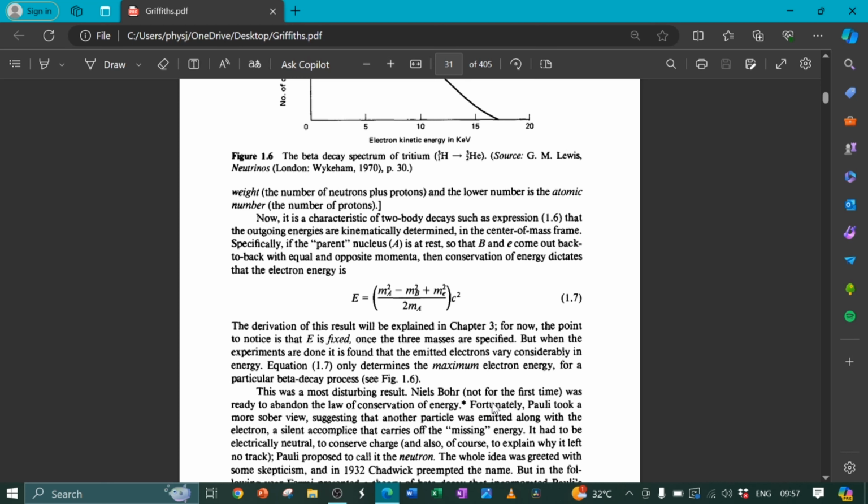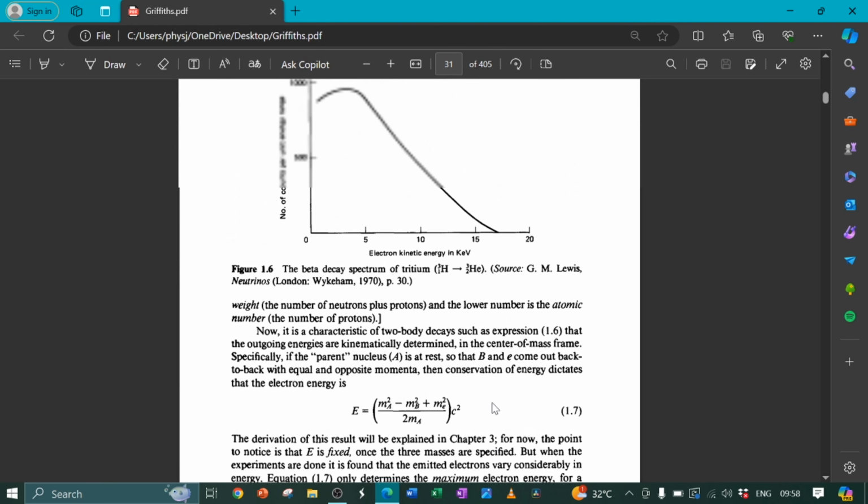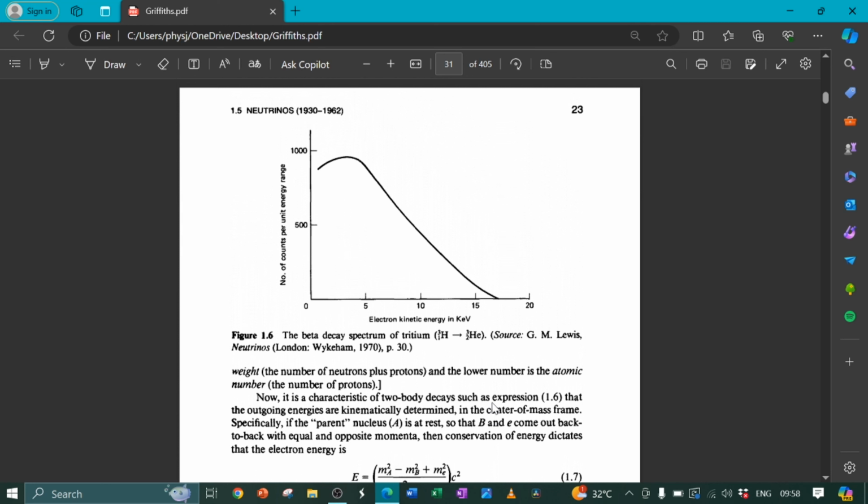But when the experiments are done, it is found that the emitted electrons vary considerably in energy. Equation 1.7 only determines the maximum electron energy for a particular beta decay process. See figure 1.6. Figure 1.6. The beta decay spectrum of tritium.